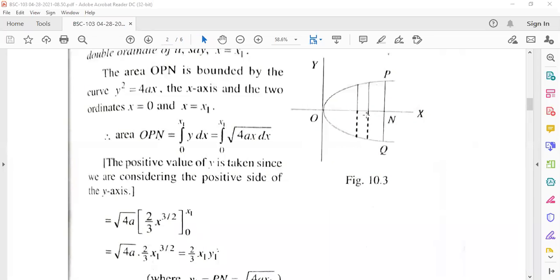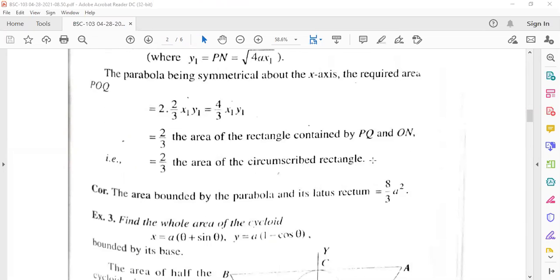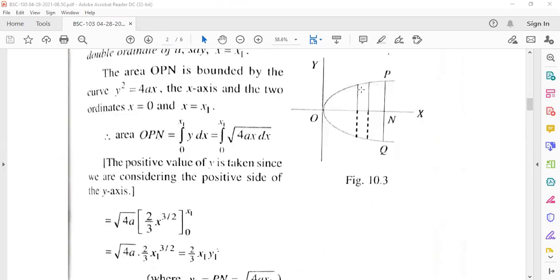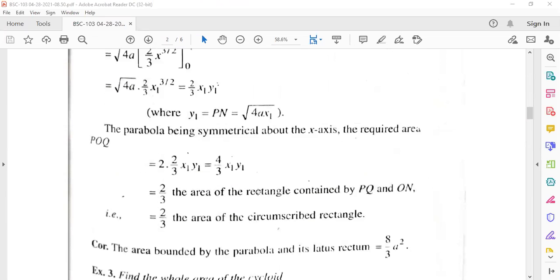There is the rectangle. If we take PQ as one side and ON as the other side, then we get the area 2 x1 y1. x1 y1 is for the first part, the upper half, and for the lower half another x1 y1. So the total area of the rectangle is 2 x1 y1.